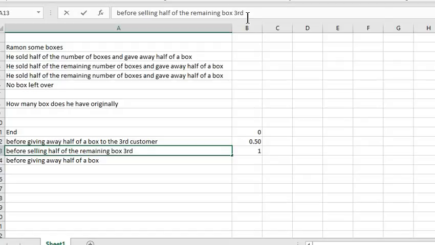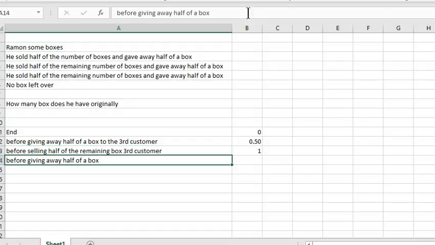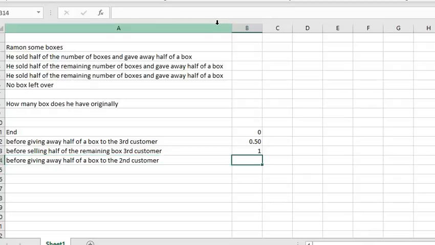This is still the third customer. And then before giving away half of a box to the second customer, 0.5 will be added to 1, so that's 1.5.